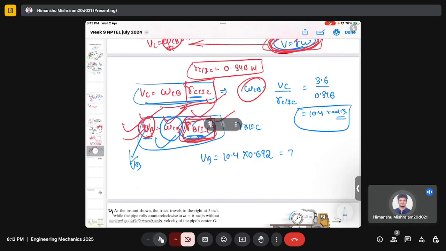So this will be 7.17 meters per second. So now you know the velocity of point B.